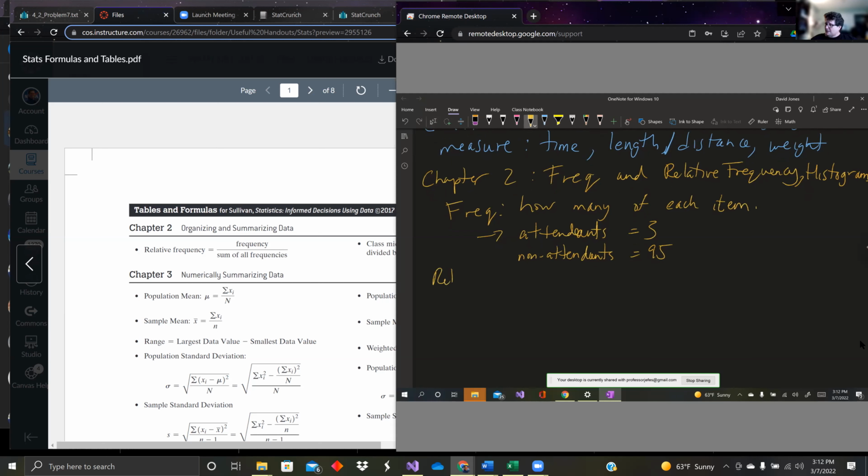Relative frequency was, we made a ratio or a fraction with these numbers over the total. So if I add up 3 and 95, I get 98.